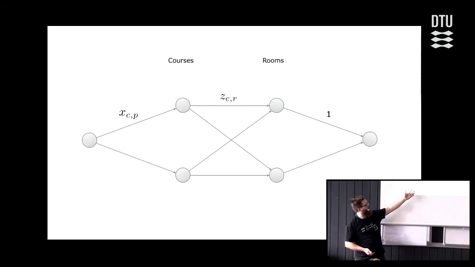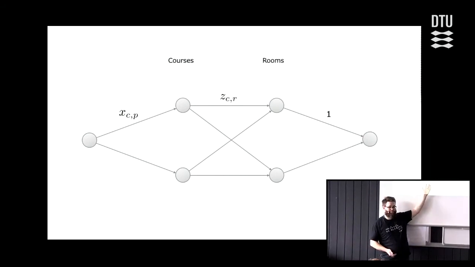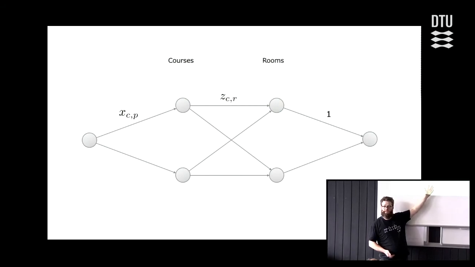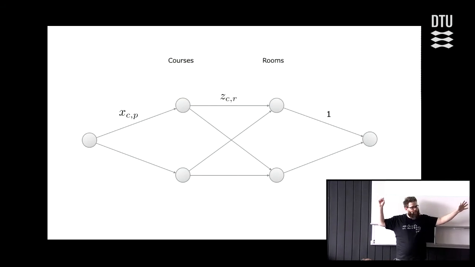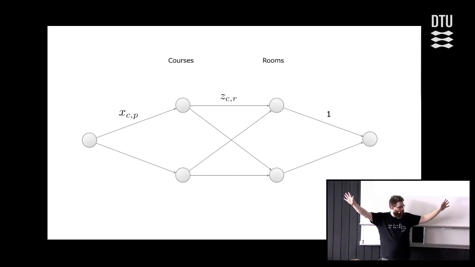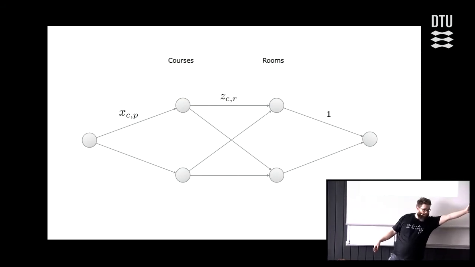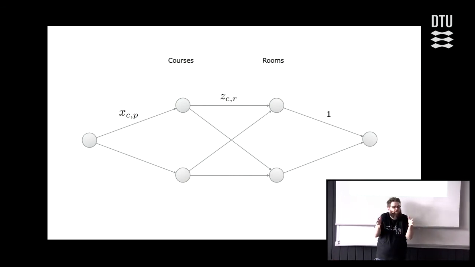We can formulate it as an LP, for those who know MIPs and LPs. What we simply do is, now we have the time schedule model, the room allocation model, and a flow model in between. We just add all the models together.